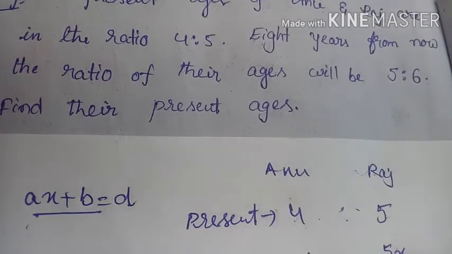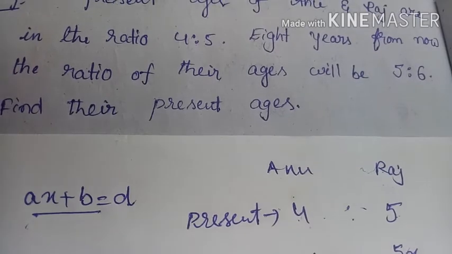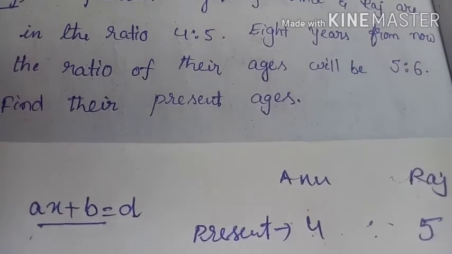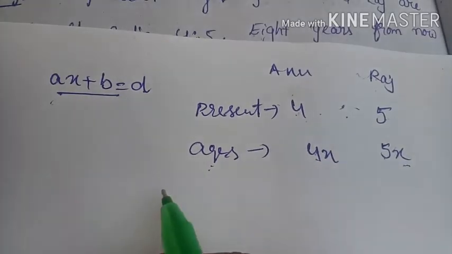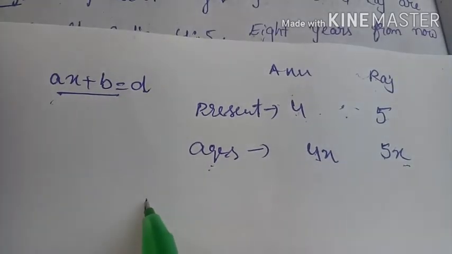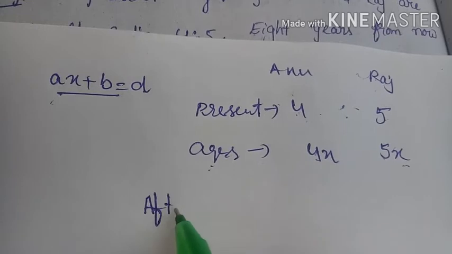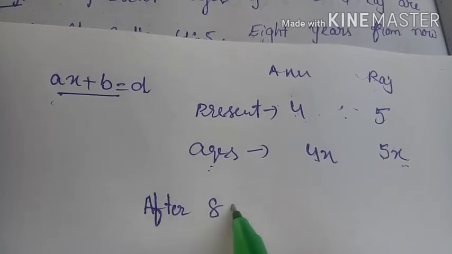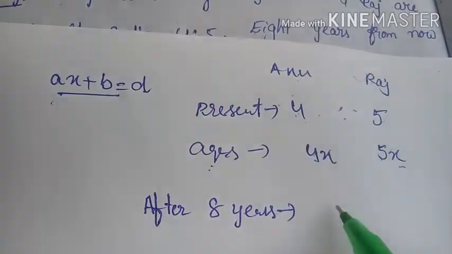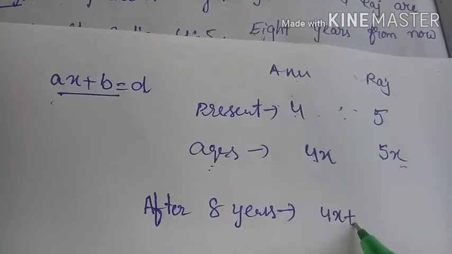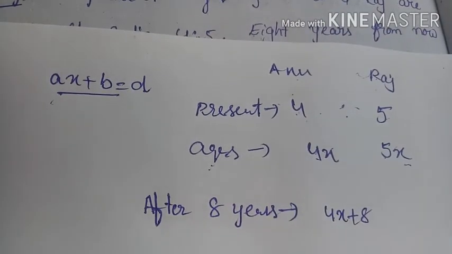8 years from now means in the future, after 8 years. After 8 years, Anu's age becomes 4x plus 8. Yes or no?